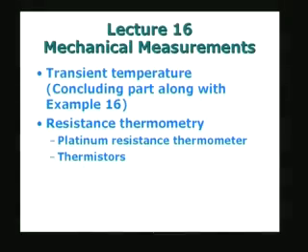This will be lecture number 16, mechanical measurements. Towards the end of the last lecture, we were looking at the measurement of transient temperature, and we discussed 3 different cases. And the last case, that of sinusoidally varying temperature, was not completely covered in its entirety.